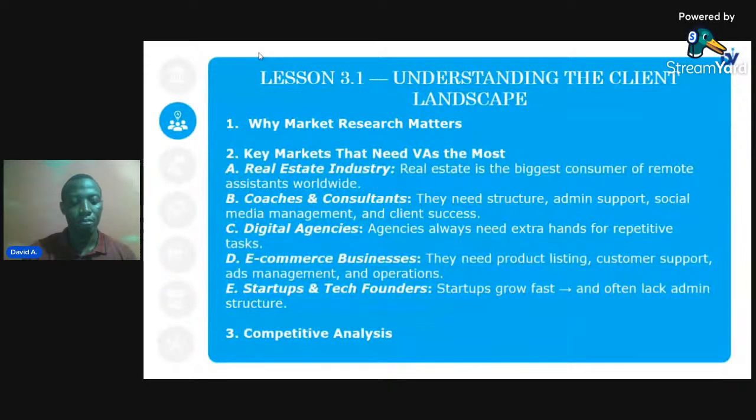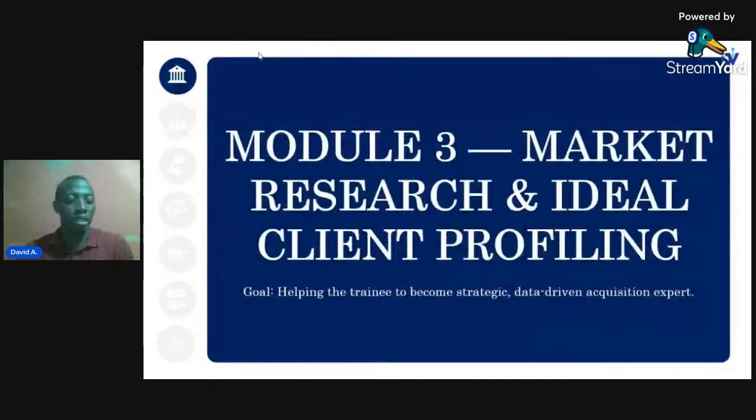Welcome to the third module of the training on client acquisition. In this module, we are going to be looking at market research and ideal client profiling. It's important that you are able to profile your clients or your prospects. The goal of this module is to help trainees become strategic, data-driven acquisition specialists, right?